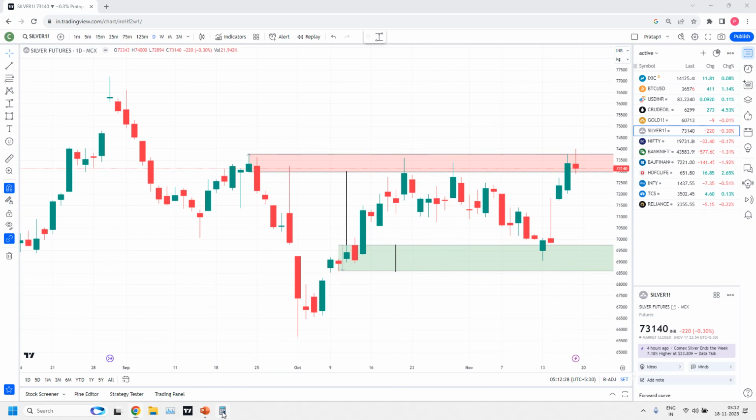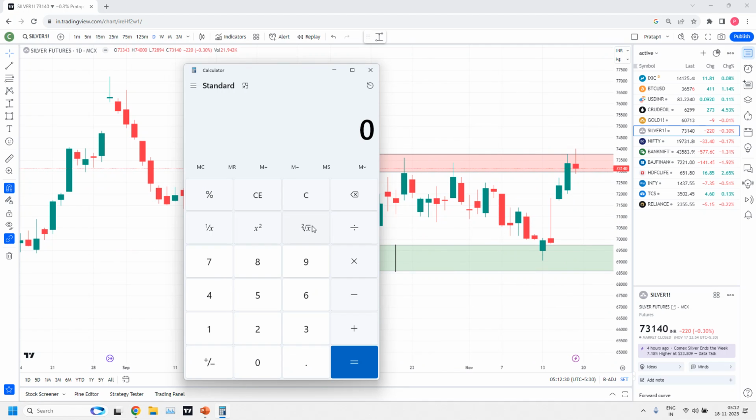So how much profit did we get? For 1 kg of the silver you bought, you got 3,250 Indian rupees profit.